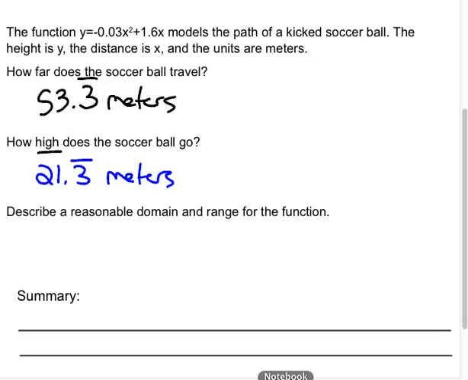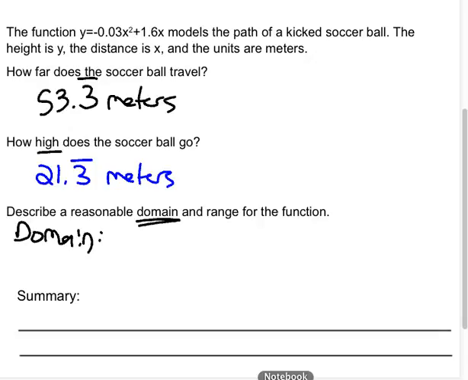However, there is one thing I want you to be able to do for me with this information. So the domain. This is a real world situation, right? So in real world situations, the domain won't be as simple as all real numbers, right? Because for example, negative numbers don't make sense.